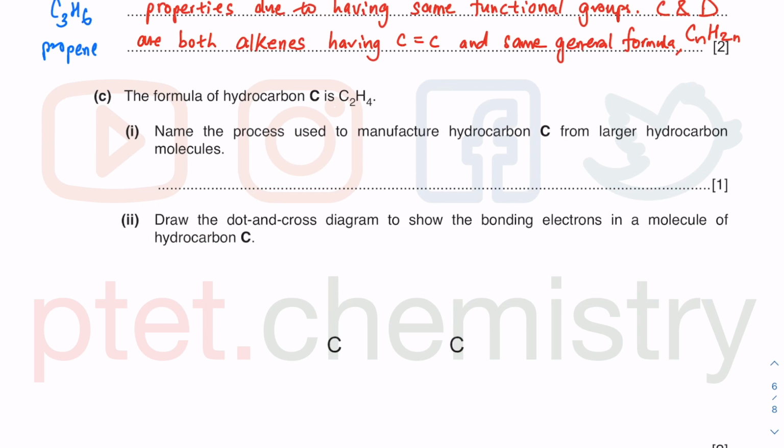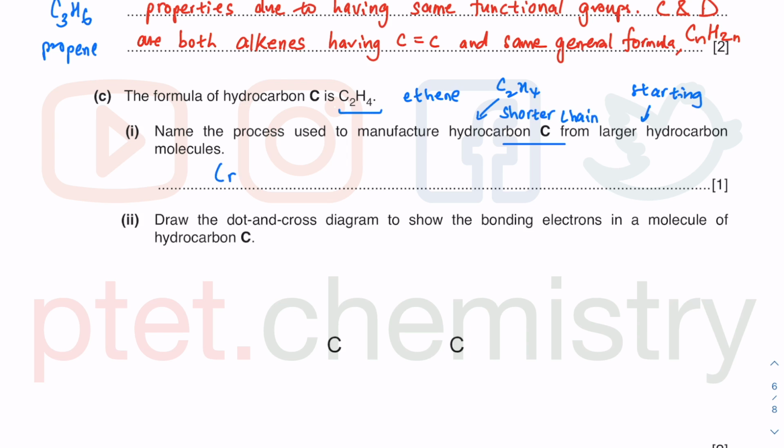Part C, we have this ethene, which is C2H4. So how do we manufacture hydrocarbon C from larger hydrocarbons? This is your starting material, and you want to end up with C2H4, shorter chain or smaller molecules of hydrocarbons.